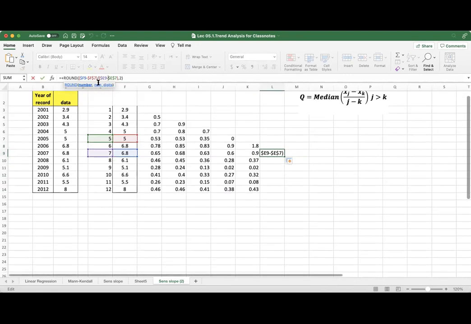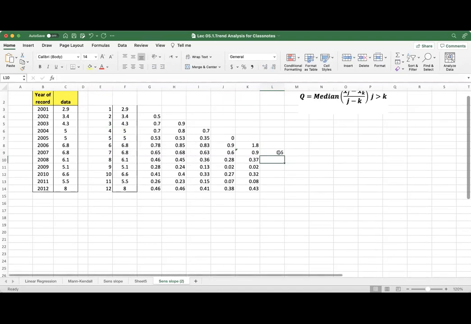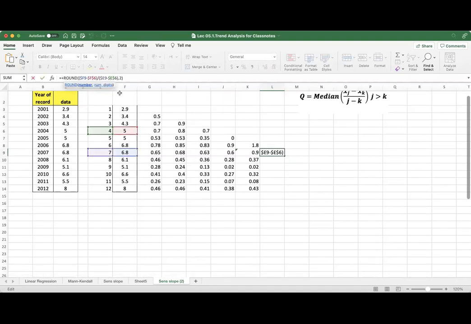So as such, we need to change this 7 to 6, and this one we also need to make 6. That way, again, if you click, oh, I'm sorry, I made a mistake. It would be 8, and then it would be 8 as well.